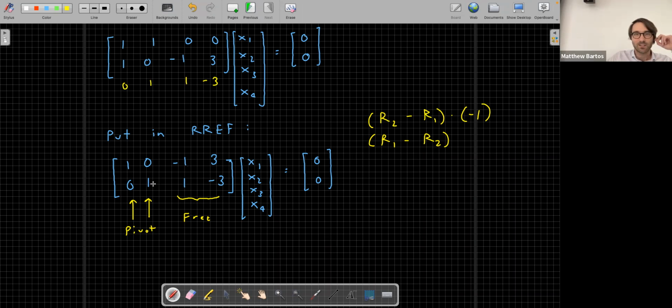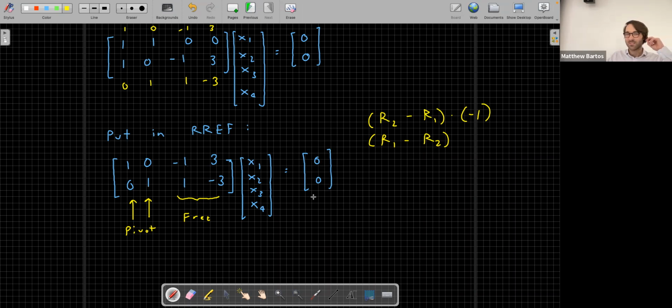And then subtracting from the first row, this one will become 1, 0, -1, 3. So this should be correct. Thanks for checking, because I do want to make sure I don't have any mistakes in my lecture notes.